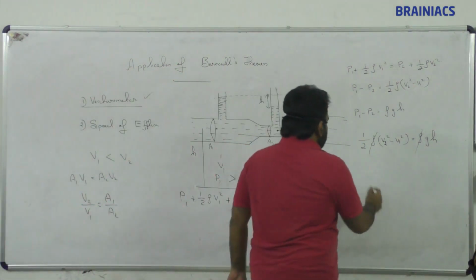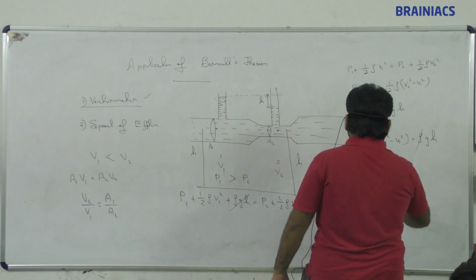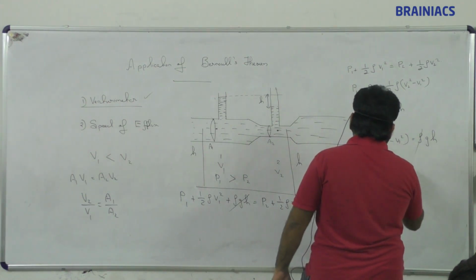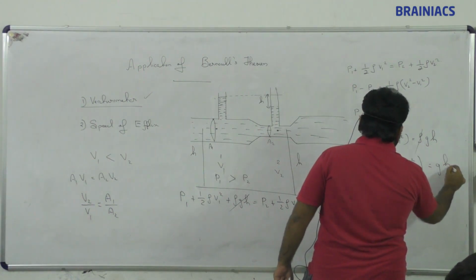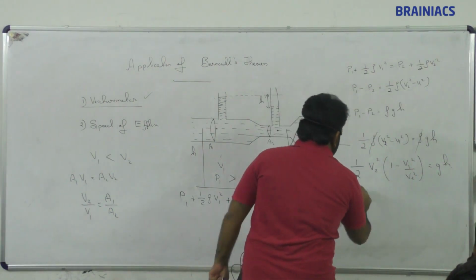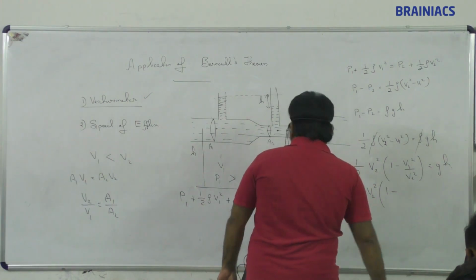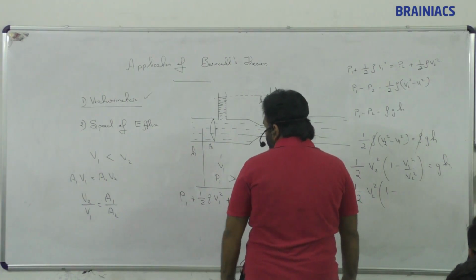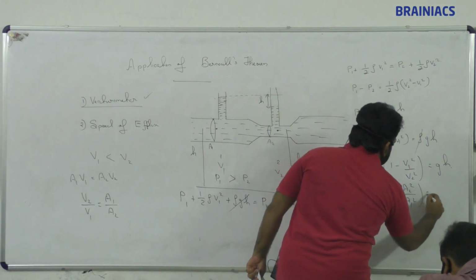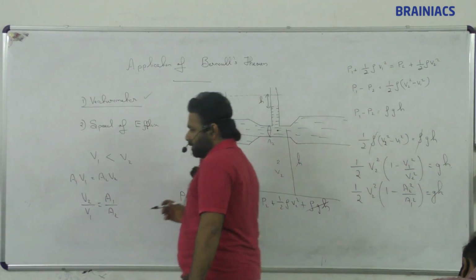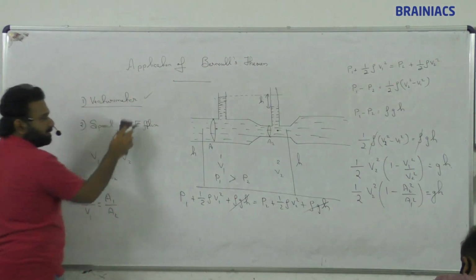Suppose I take half V2 square outside, this is going to be half V2 square into 1 minus a2 square by a1 square is equal to G H. Clear? Shall we erase this?